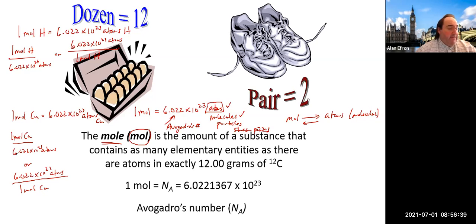Now we use atoms here because, in this case, we're talking about a hydrogen atom or a copper atom and so forth. We could also apply Avogadro's number to things that are not atoms, but molecules.